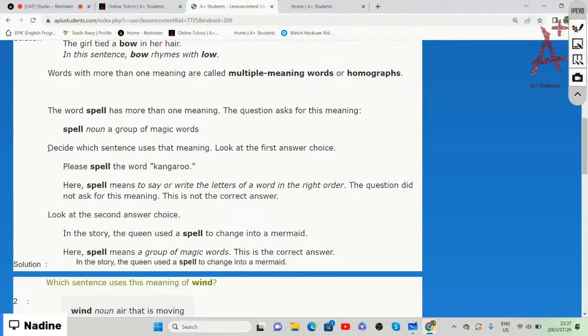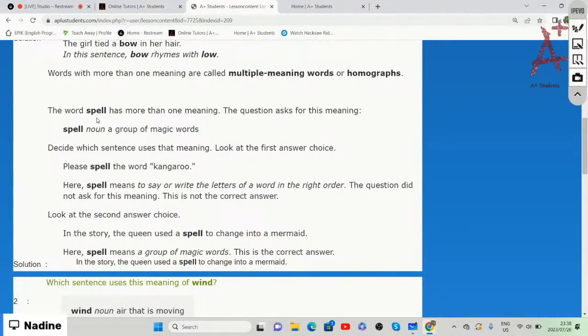So you can combine it, right? If we look at the different meanings of the word spell, we will also get an idea of multiple meaning words, right?